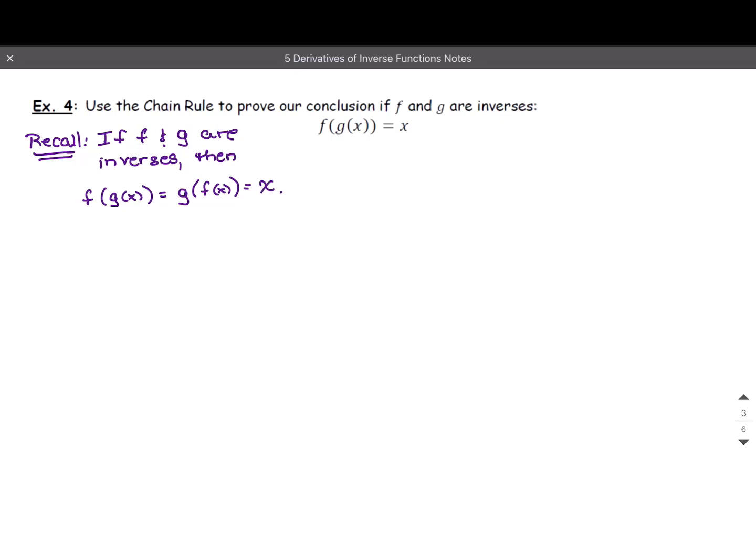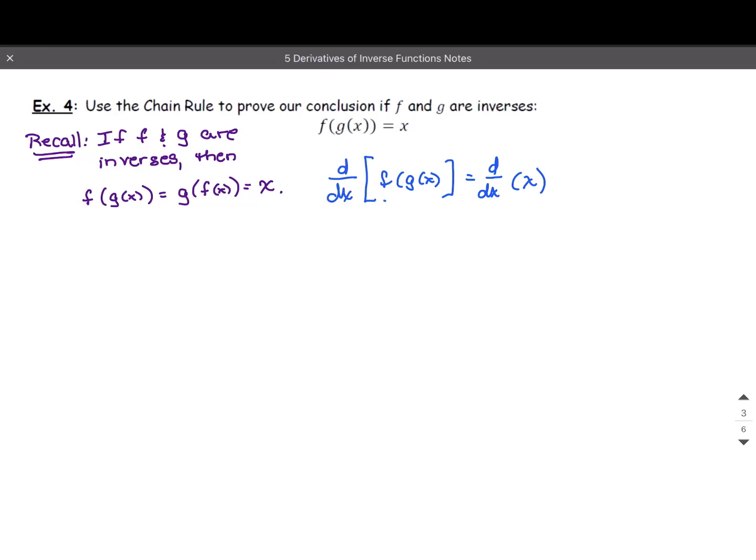So I'm going to take one of them, and I'm only going to do this for one now. It works exactly the same if you use the reverse composition. We have f composition g of x equals x. We're going to take the derivative of both sides. So we're differentiating both sides, okay?